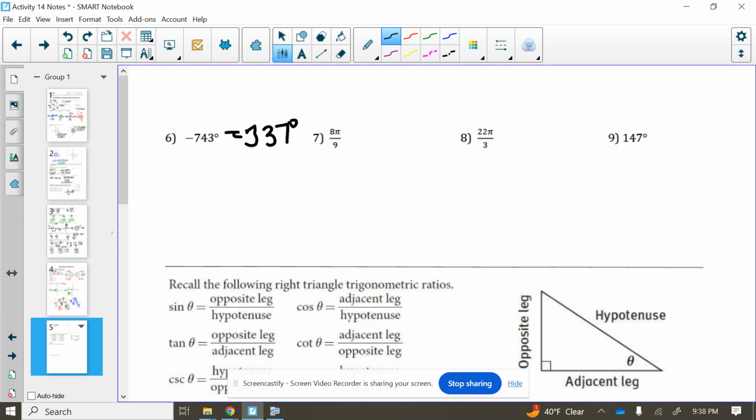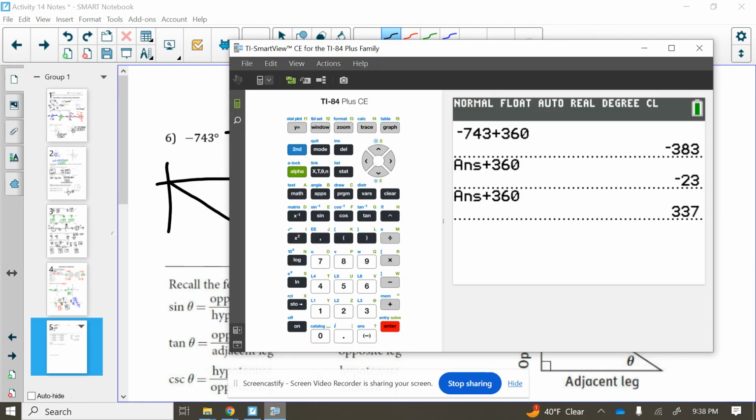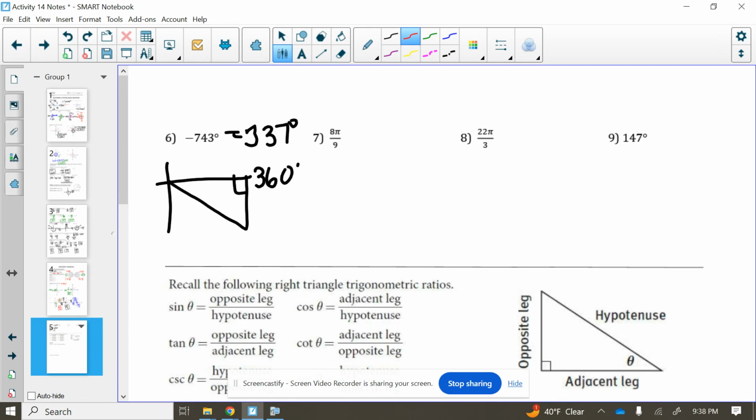And 337, we know, is in quadrant 4, and the closest value would be 360 degrees. Well, 337 is 23 degrees away from 360. So 23 degrees would be our reference angle.